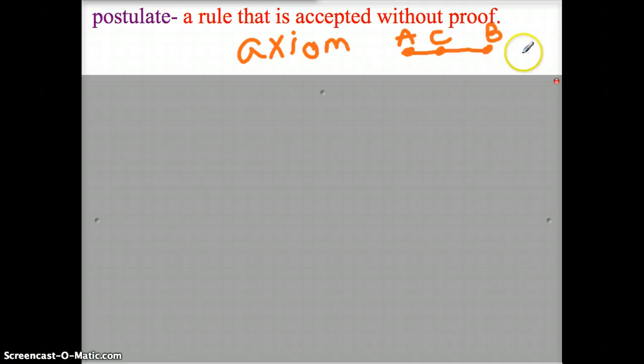So that's one of those duh, really we actually need to spell it out type moments. And that's what postulates are. It's accepted without proof. You don't have to go through the math to prove that that's true. We just accept that it is.